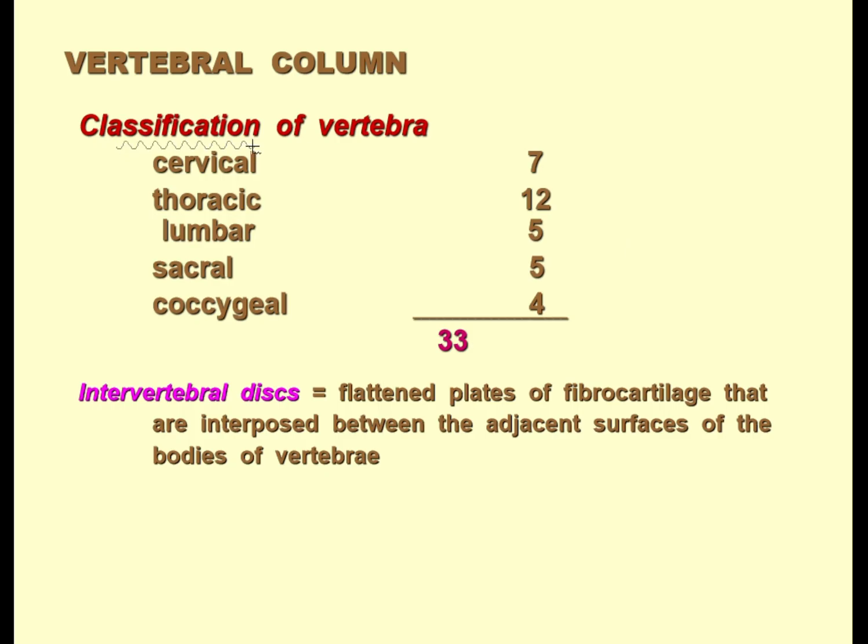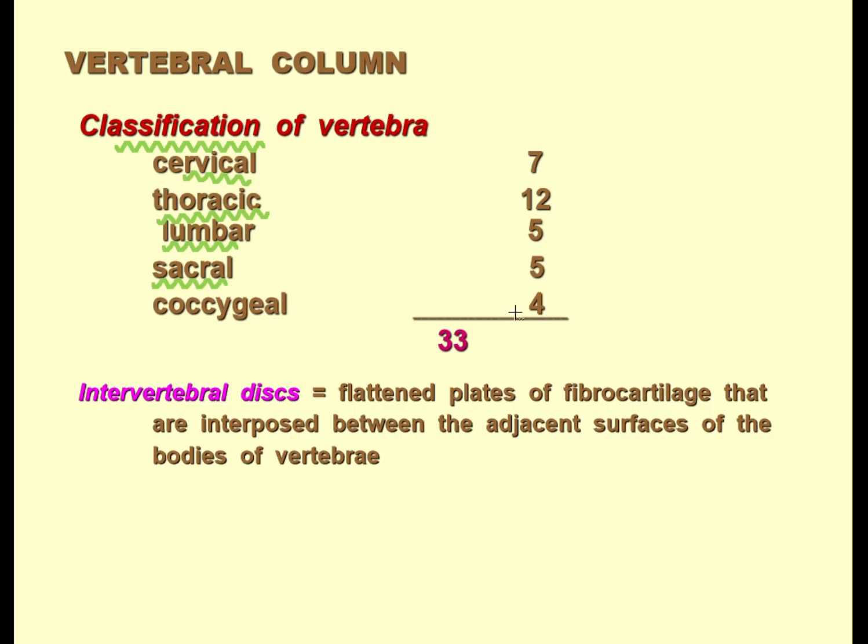So what is the classification? We know that cervical vertebrae are 7 in number, thoracic vertebrae 12 in number, lumbar vertebrae 5 in number, then sacral vertebrae 5 in number, and the coccyx is formed by fusion of 4 vertebrae but is single in number, right.